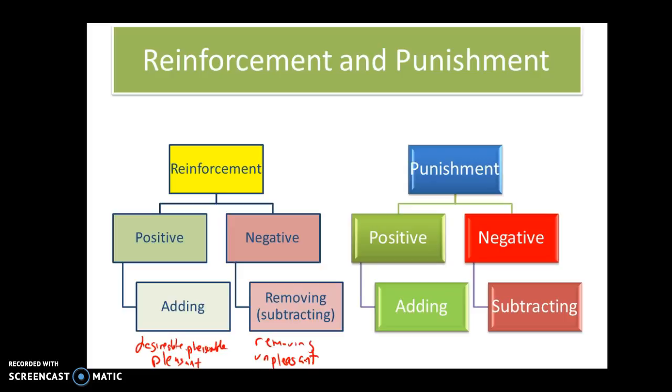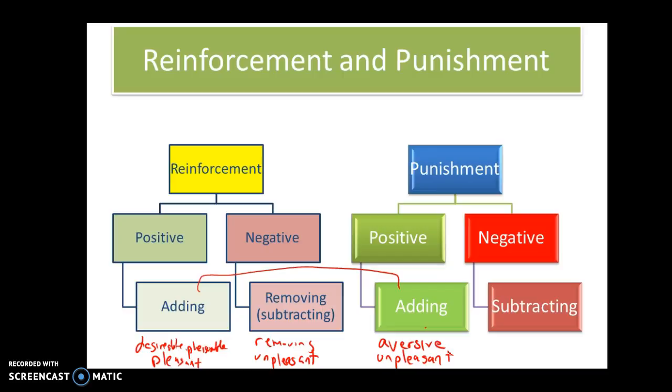So to punish them and use positive punishment, I'm going to add something aversive. Just think about it as the opposite of what we did here. These two are the opposites. In positive reinforcement, I add something pleasant. Here I'm going to add something unpleasant to try to reduce the likelihood of the behavior.